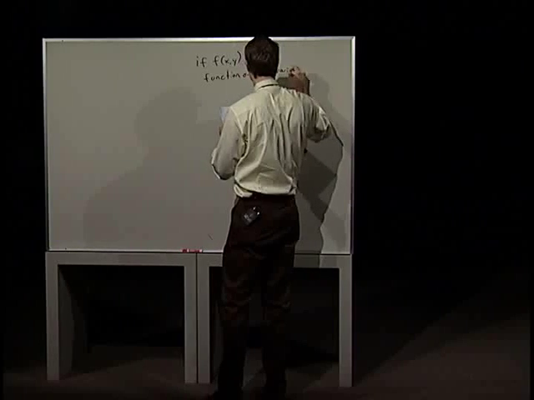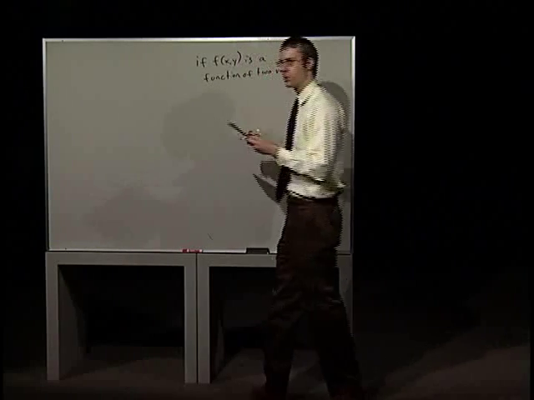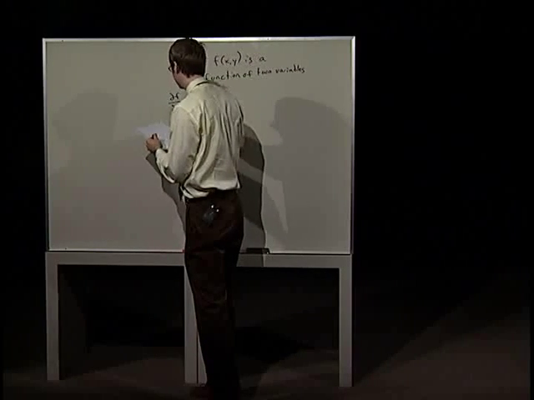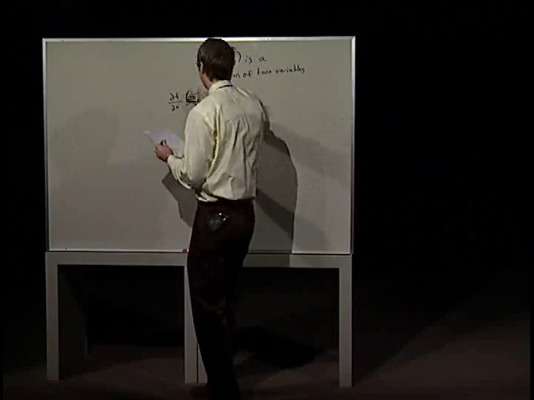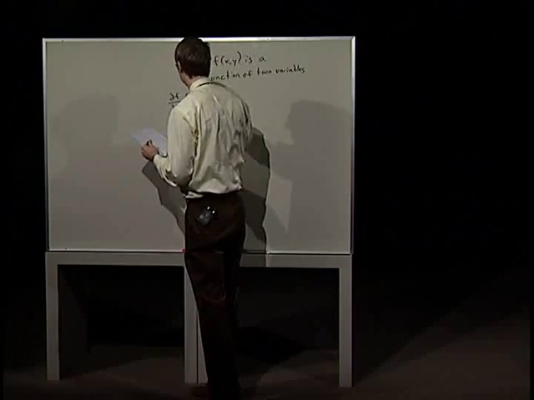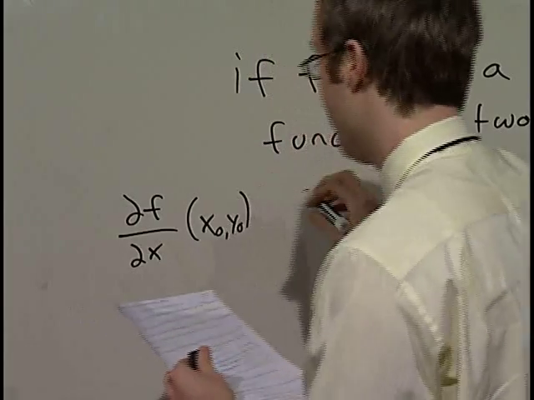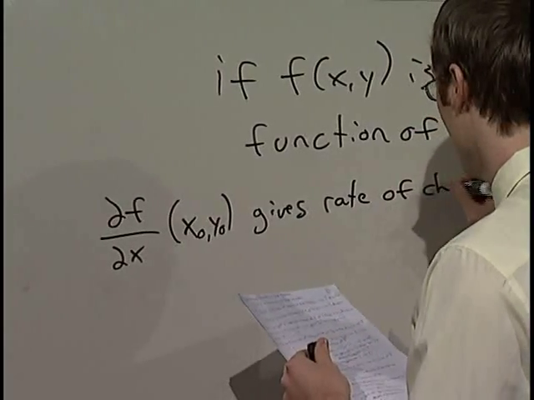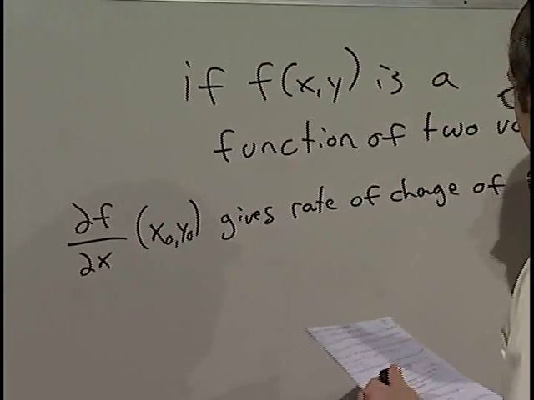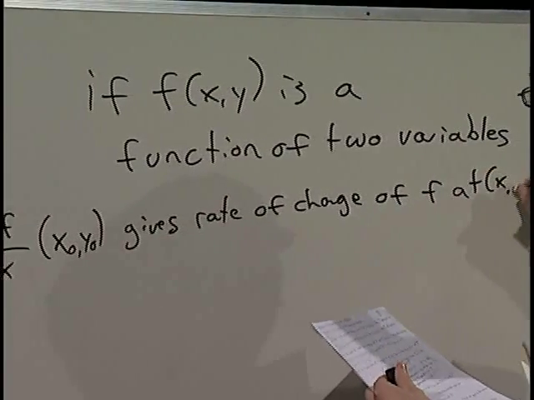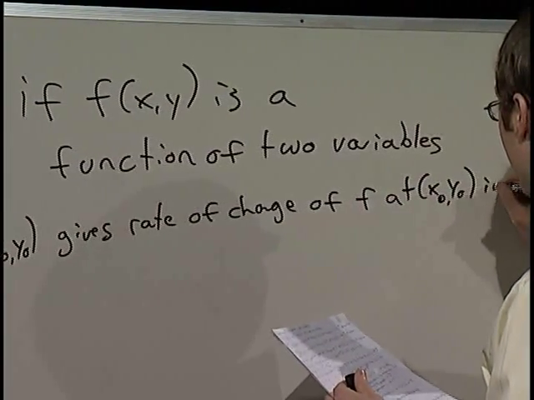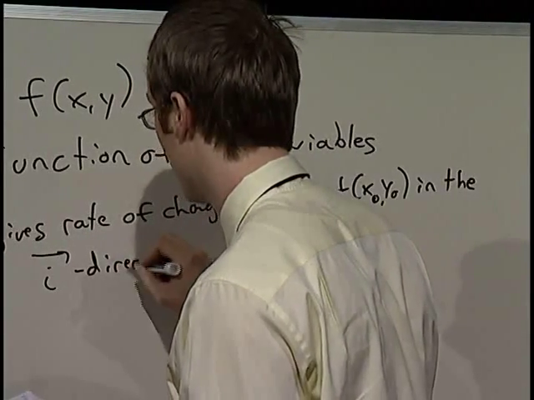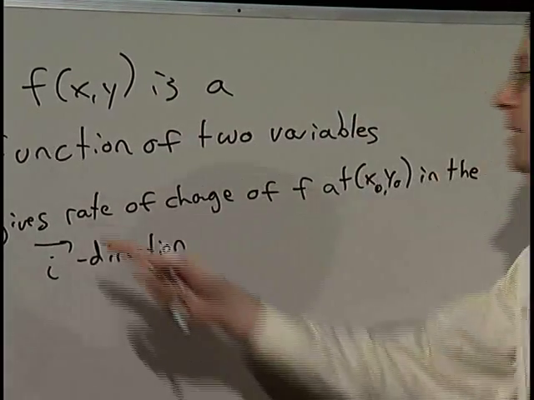And we know from our work on partial derivatives that partial f partial x at the point x naught, y naught gives the rate of change of f at the point x naught, y naught in the i direction, in other words, the direction of the x-axis.